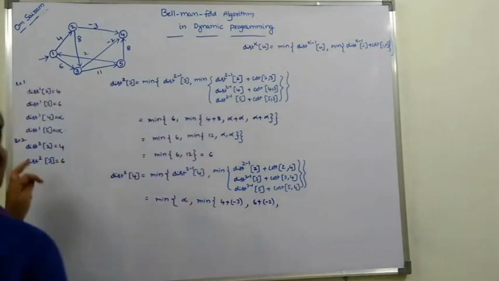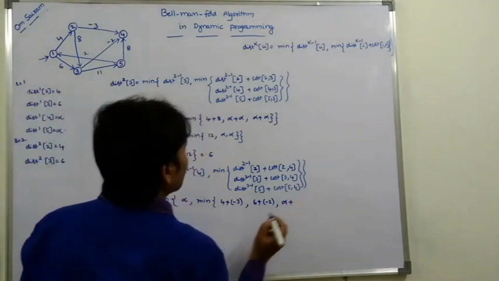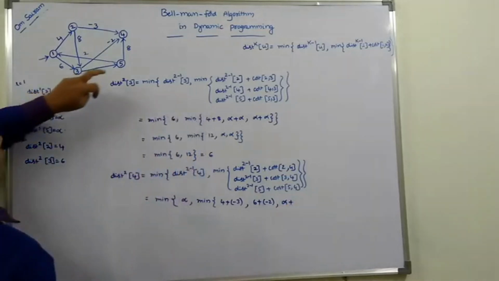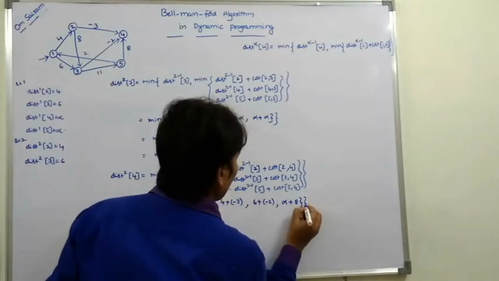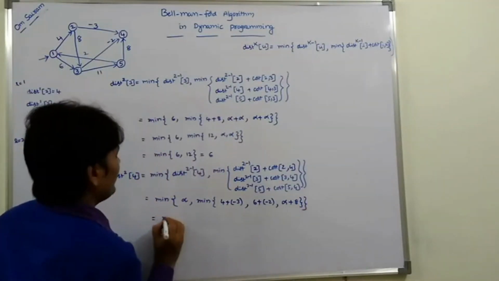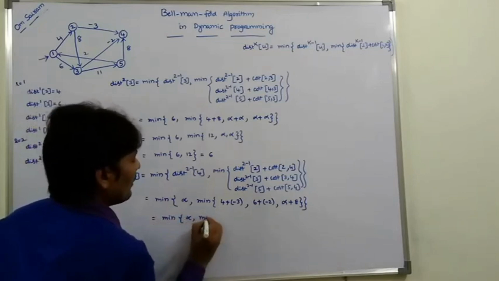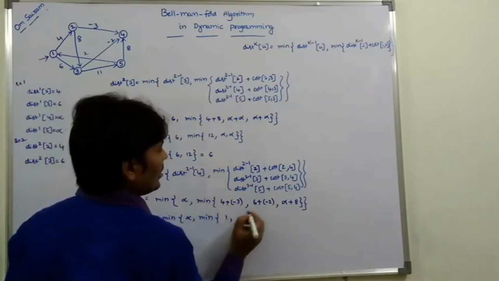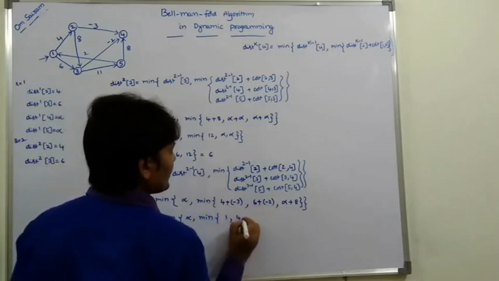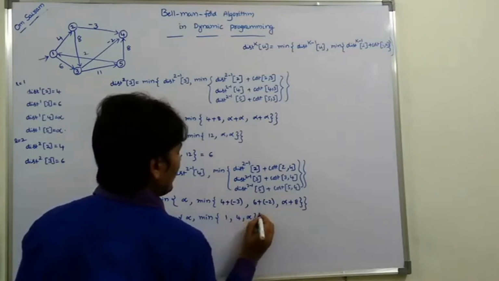Next, dist 1 of 5 is infinity plus cost of 5 comma 4, which is 8. So that is equal to the minimum of infinity comma the minimum of 4 minus 3, that is 1, 6 minus 2, that is 4, infinity plus 8, that is infinity.